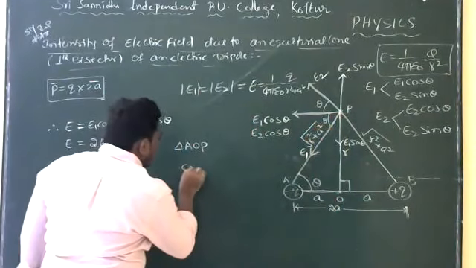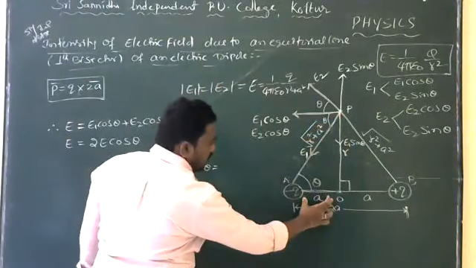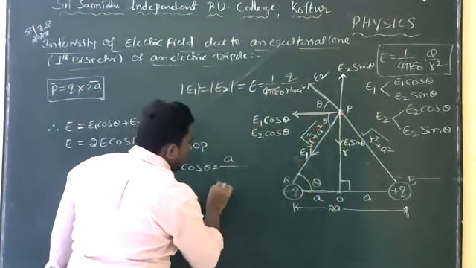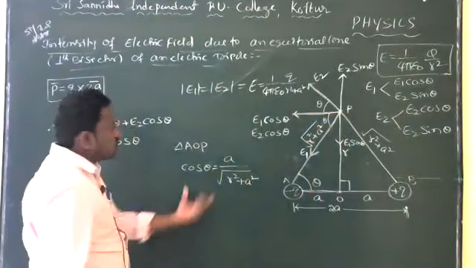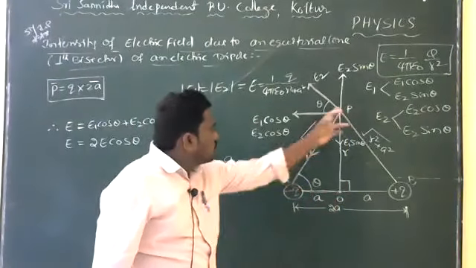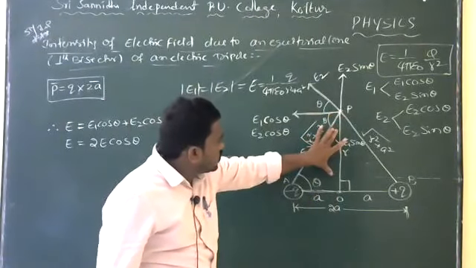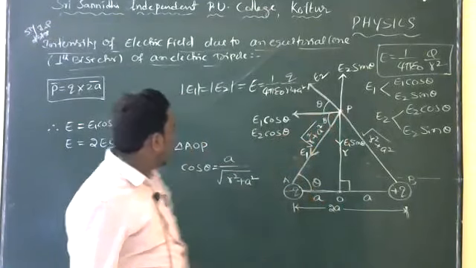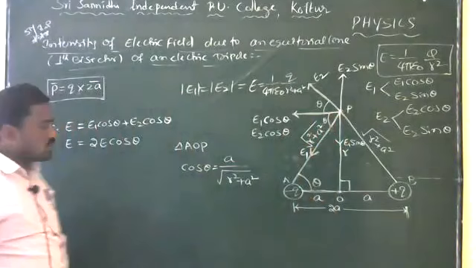Cos theta is the adjacent side divided by the hypotenuse, so cos theta is equal to A divided by square root of R square plus A square.